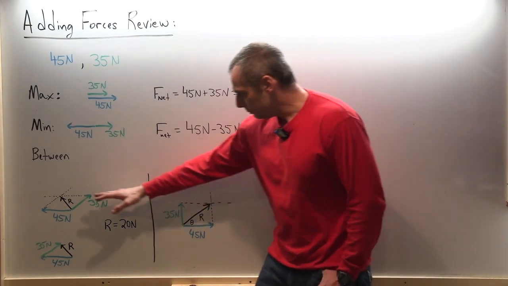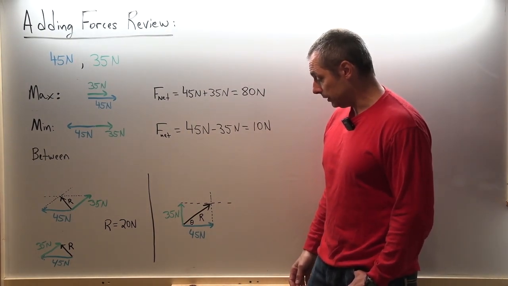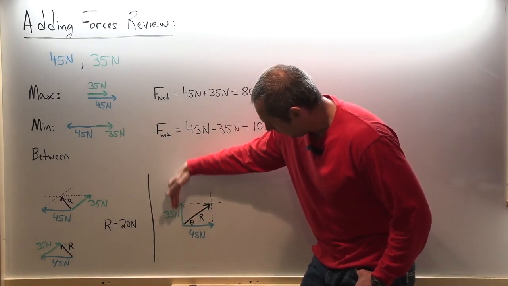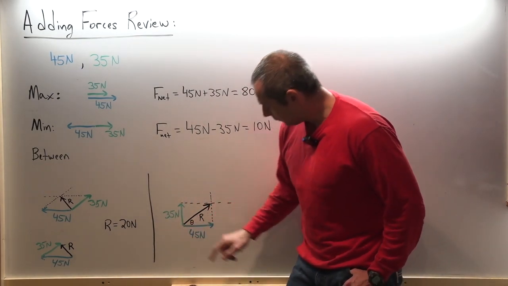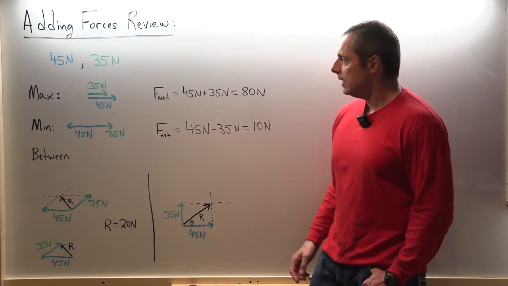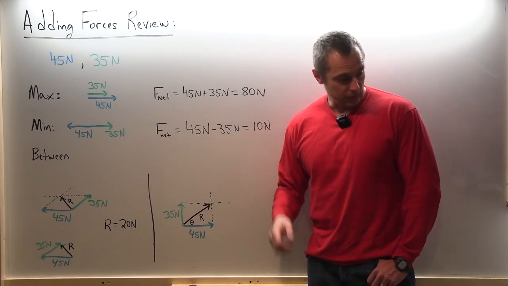And then rather than a parallelogram, you draw a rectangle, which is basically a specific kind of parallelogram. So horizontal here, horizontal there, vertical here, and the resultant goes along the diagonal, and you can measure this with a protractor to get the direction. So again, this was the review of what we learned in the last video lesson.